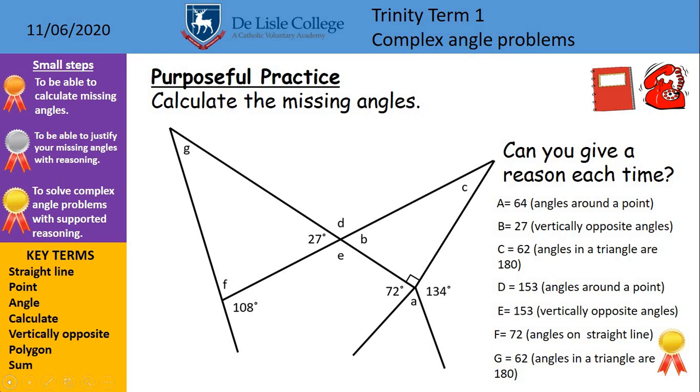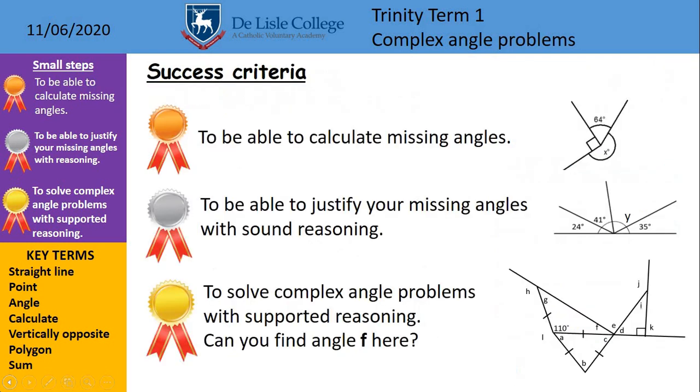G there is 180 minus 72 minus 27, but obviously again 62 doesn't look quite right there. That should be 81 degrees for G. Just rushed a little bit there, and I think I copied the answer for C, which in fact was also wrong. So yeah, G is 81 degrees. Okay, just a couple of deliberate mistakes there to keep you on your toes, Year 7.